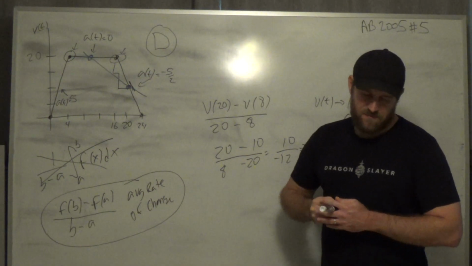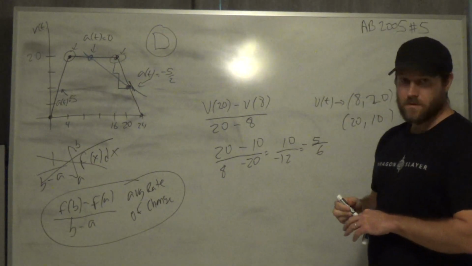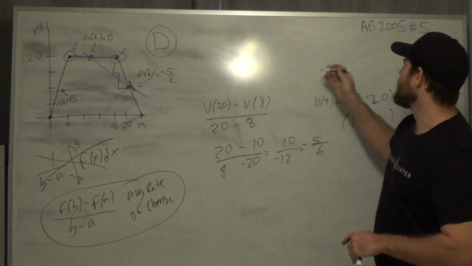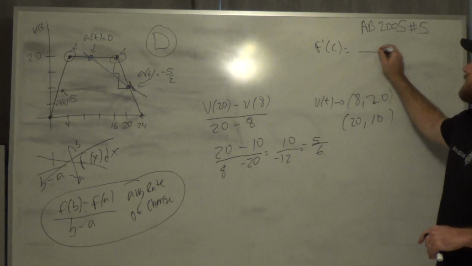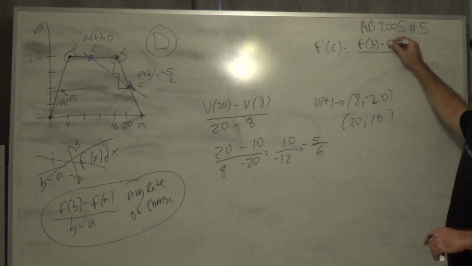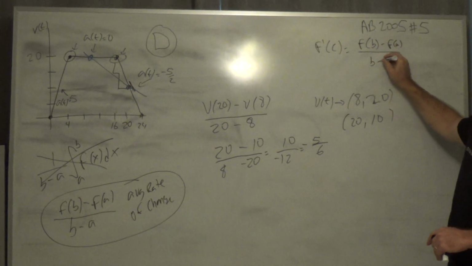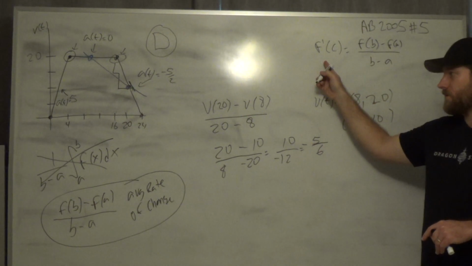And then it says, does the mean value theorem guarantee? Well, the mean value theorem normally would look like this. I'm guaranteed f prime c equals f of b minus f of a over b minus a. It's a guarantee about the derivative.